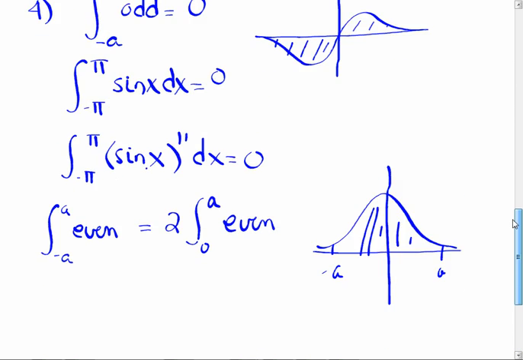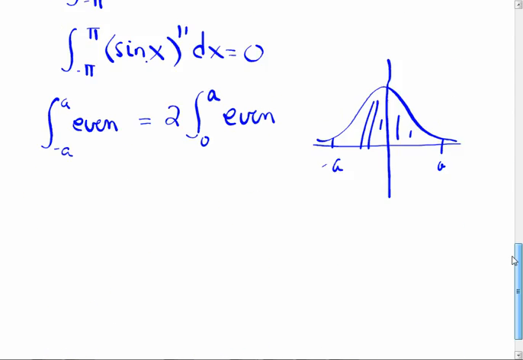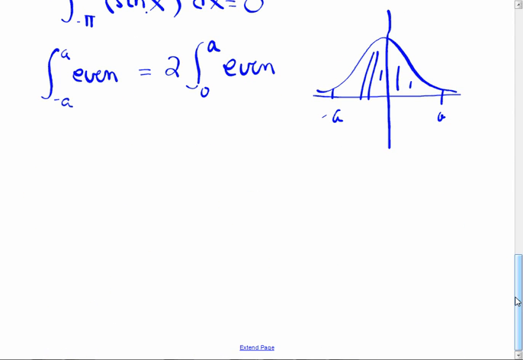And there were some properties. Make sure you know your properties. Like if you want to add up a to b plus b to c, that's the same as integrating from a to c. On this yellow sheet that you got last week, if you don't have extras, it's a summary of all these little things, things you need to know.